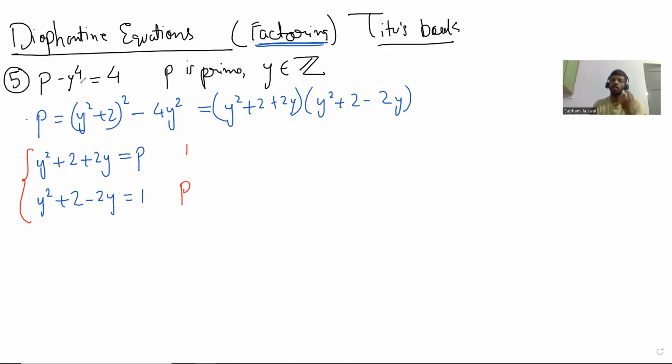So any solution where y is negative can be gotten from some solution where y is positive. So that's the symmetry, right? And so you don't need to consider that. These are just small simplifications, but they will be useful. Okay? Now you just finish this.